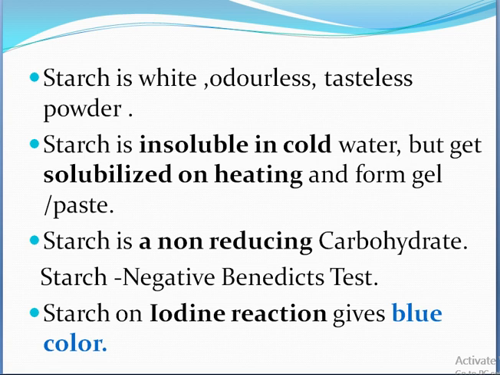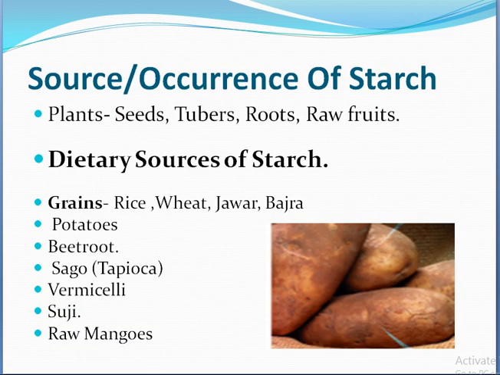Starch is a non-reducing carbohydrate and gives a negative Benedict test, whereas, as I said earlier, the iodine reaction gives a blue color and specifies that polysaccharide is present. It occurs in plants, seeds, tubers, roots and raw fruit. Dietary sources are grains, rice, wheat, jowar, bajra, potato, etc.